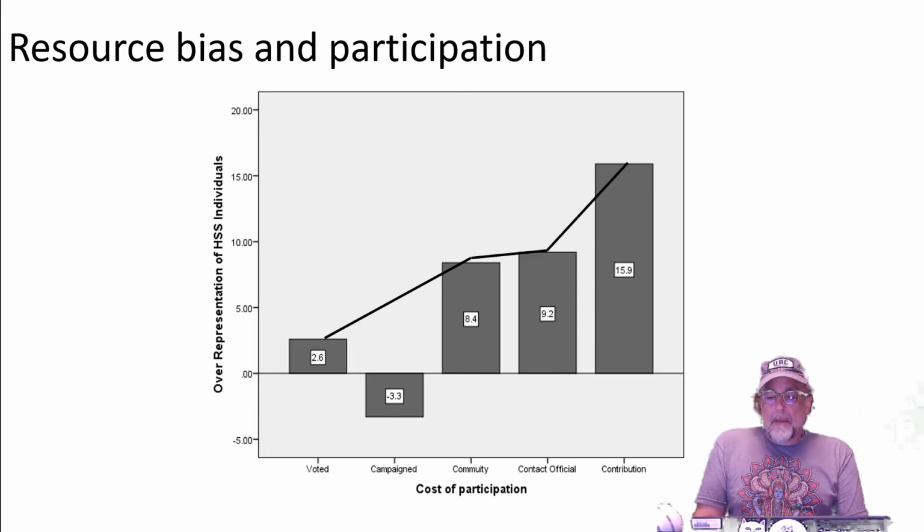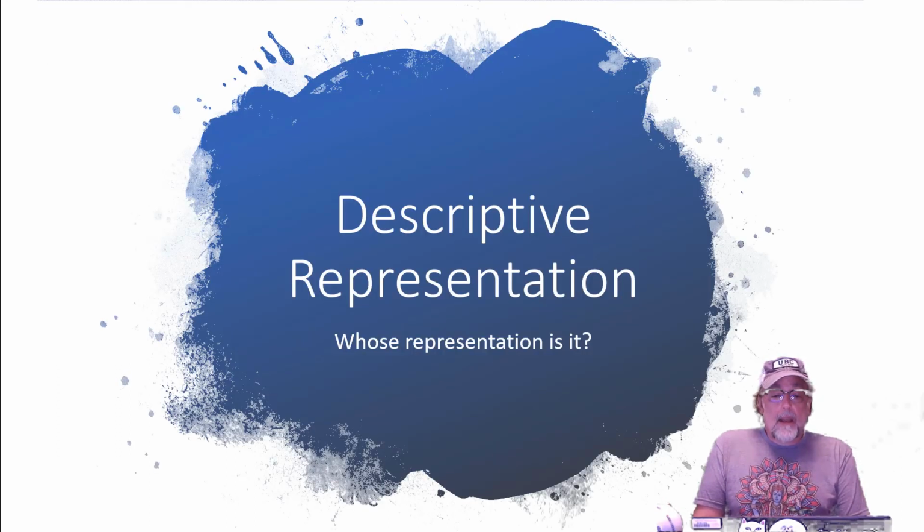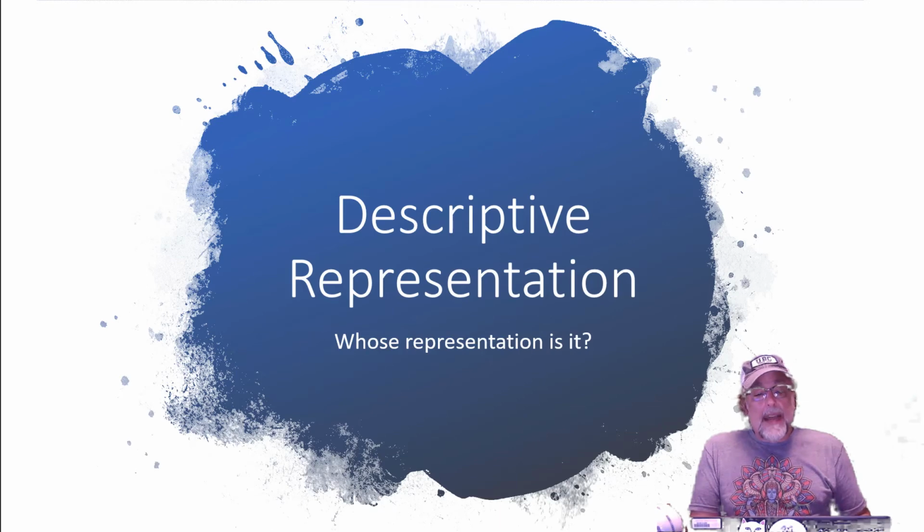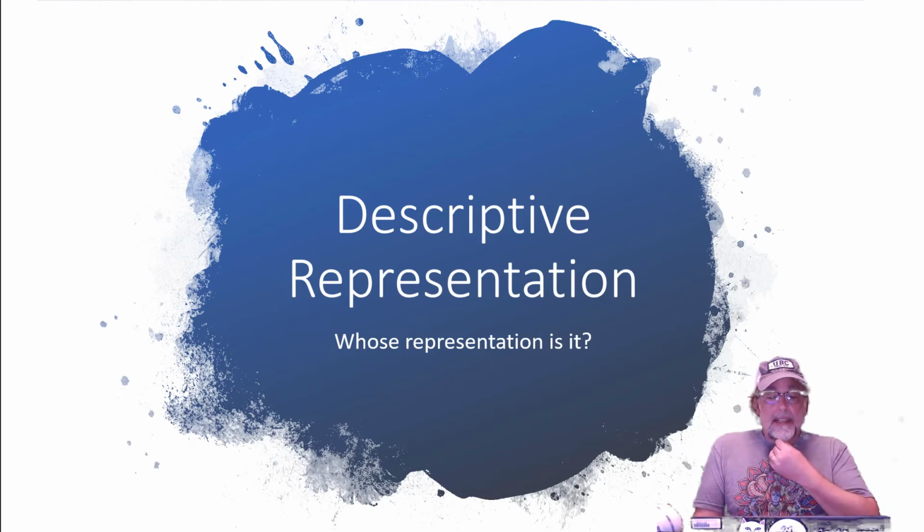Why is this important? Well, it's important because it helps to determine the voices that are going to be heard when our elected representatives hear from the public, from voters in a community meeting. Also, the people who are going to get representation because they're actually active in the political process. So I want to take a quick look at the idea of descriptive representation.